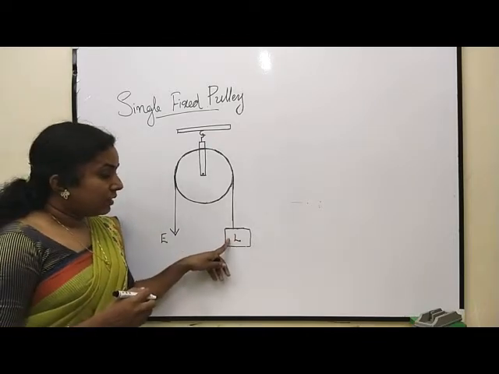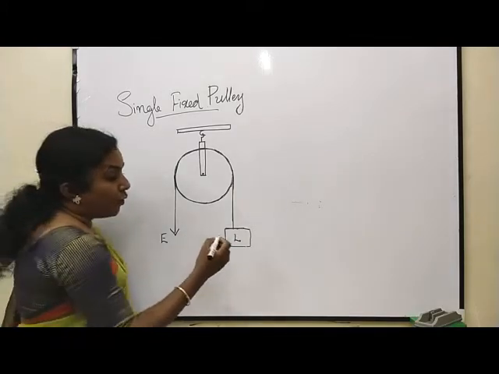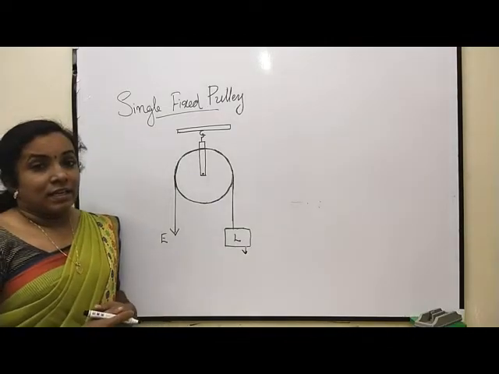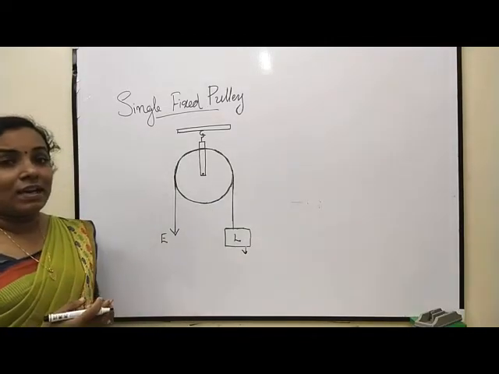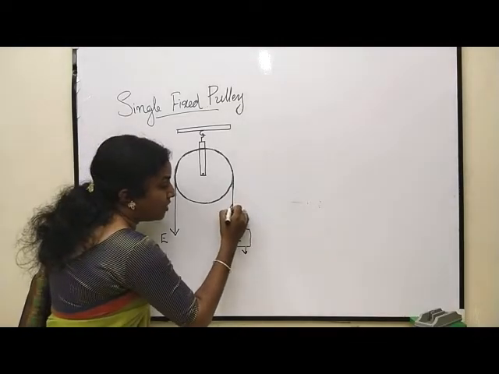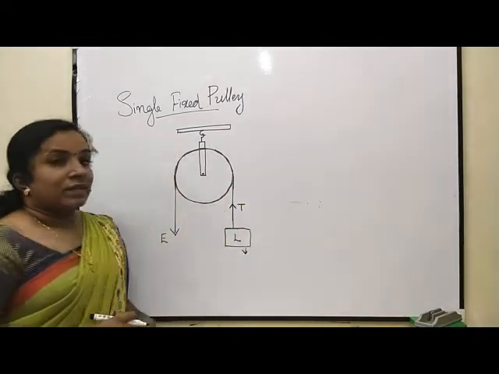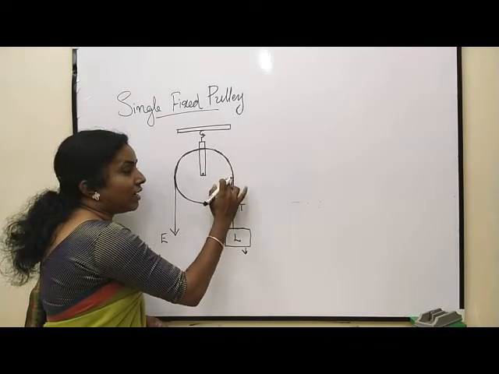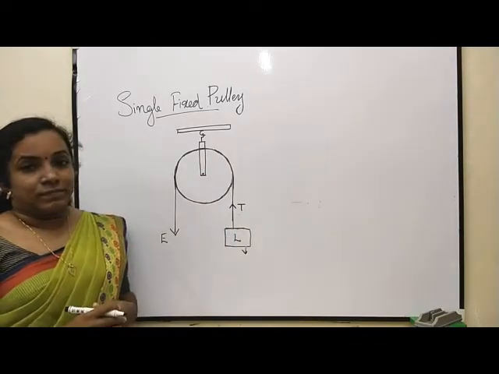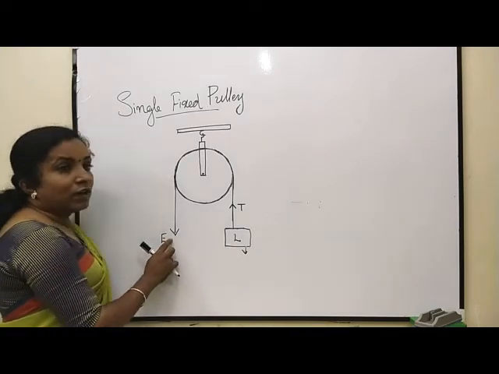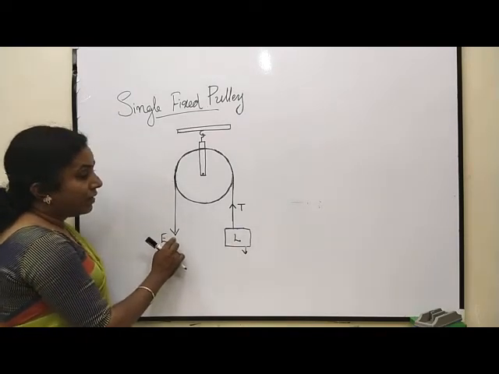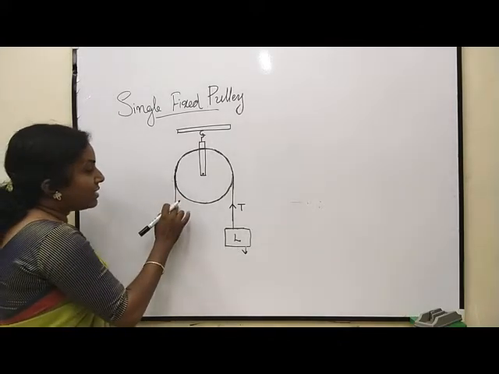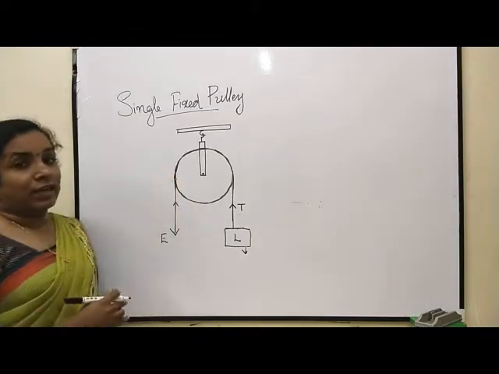The load exerts a force equal to its weight downwards and the rope gives an equal and opposite tension upwards. This tension acts on the side of this wheel. The effort given on this side of the rope produces a tension upward which acts on the other side of the pulley.